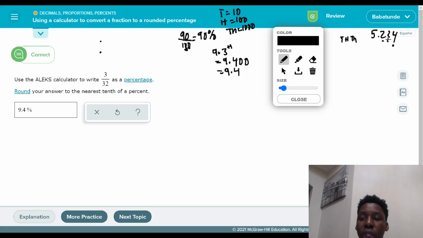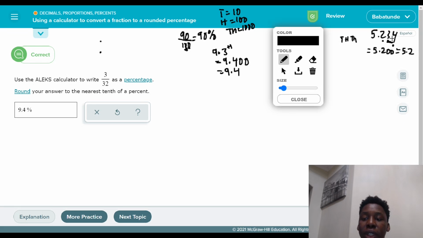We ask what number comes behind the tenth. The number behind the tenth is 3. Is 3 greater than or less than 5? Since 3 is less than 5, we can just set this equal to 5.2, and remove the other two by setting them to 0, 0, which is the same thing as 5.2.